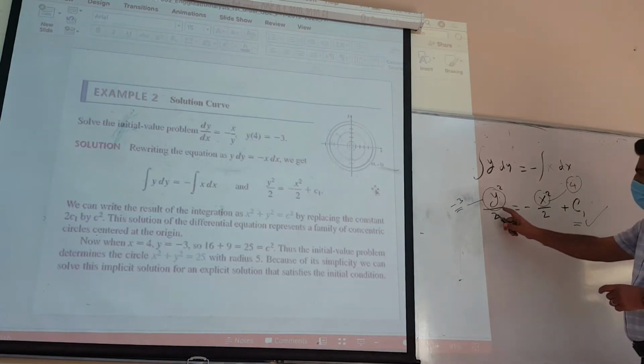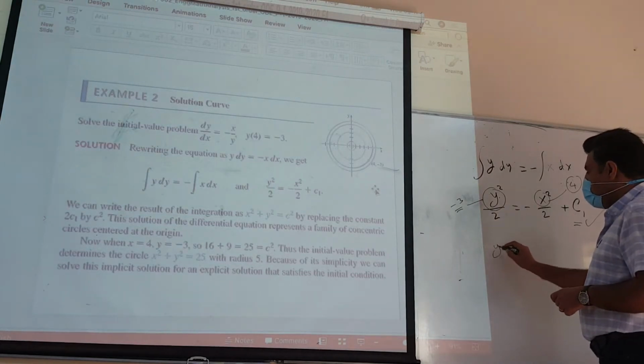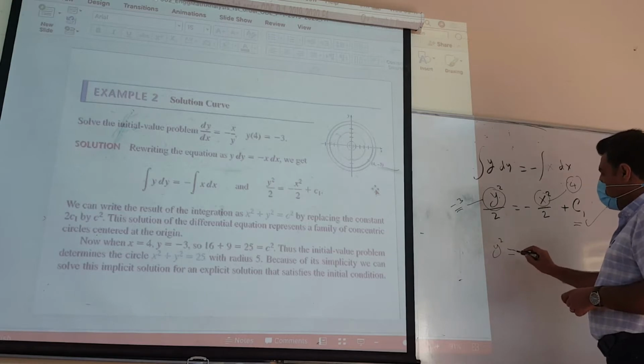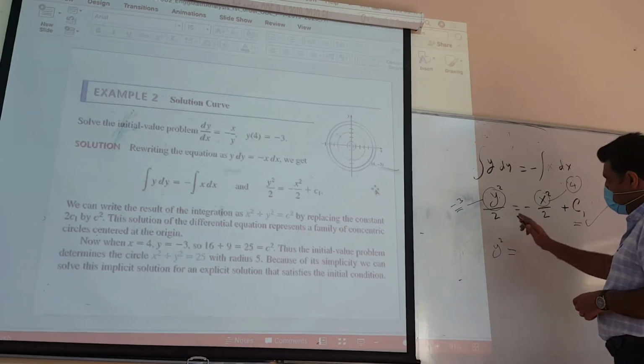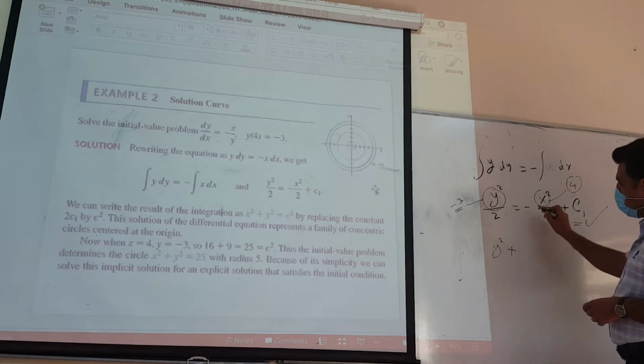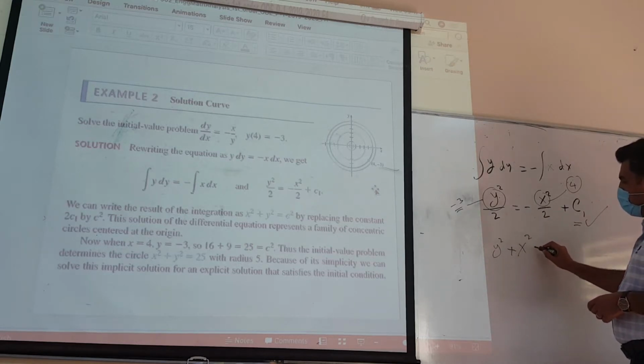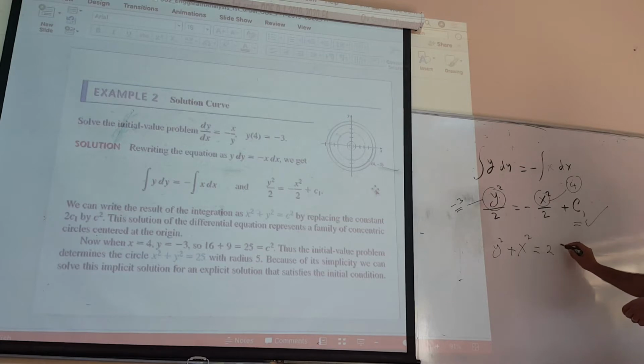You see, here we can say y squared is equal to, or let's bring x to the other side, so it will be plus x squared equal to 2c1. Okay? We are just bringing this one, and we are multiplying all the equation by 2. So this will have 2 here. Now this one is clear up to here.